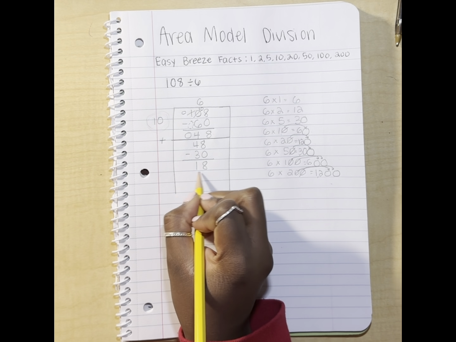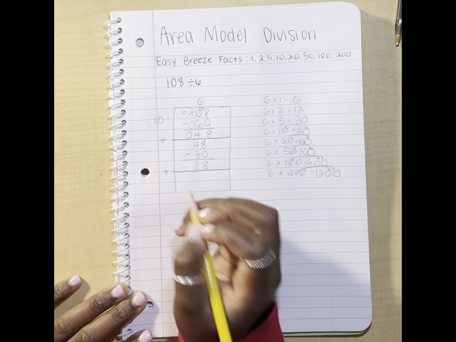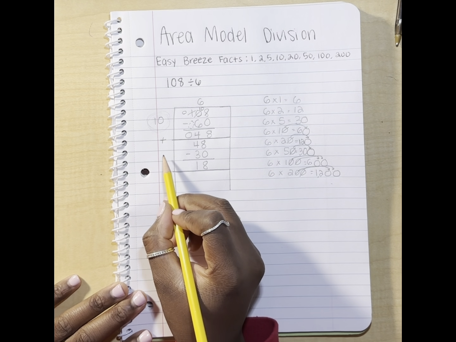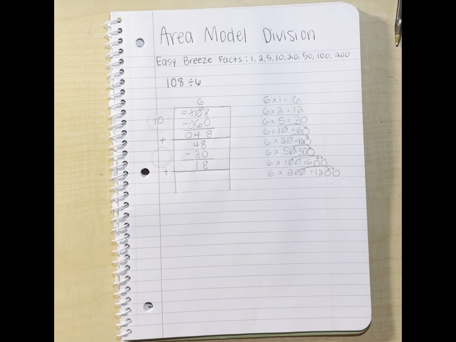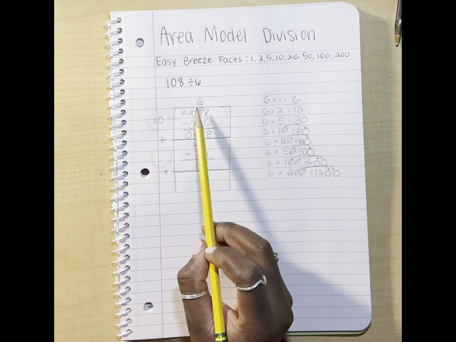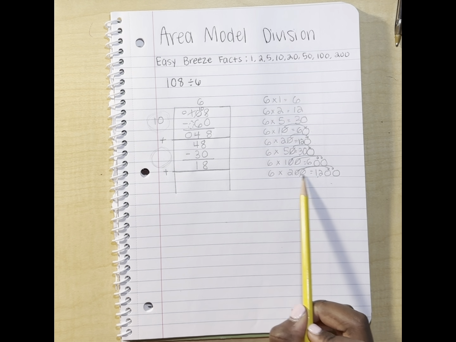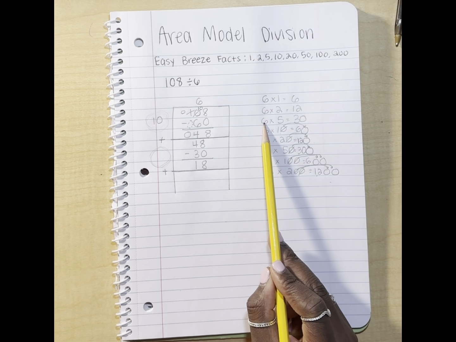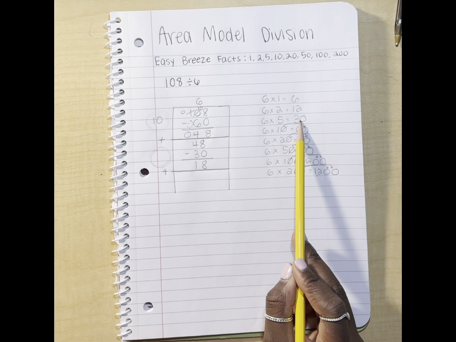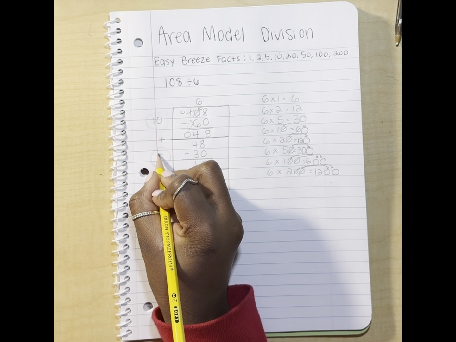We're left with 18. We're finished with this part. We're going to draw a long line. So again, I know I need a plus sign on this side. Now I have to figure out what number goes here. Again, I need to think, 6 times what number equals 30? I'm going to find 30 over here. That number is 5. So we're going to put 5 here.